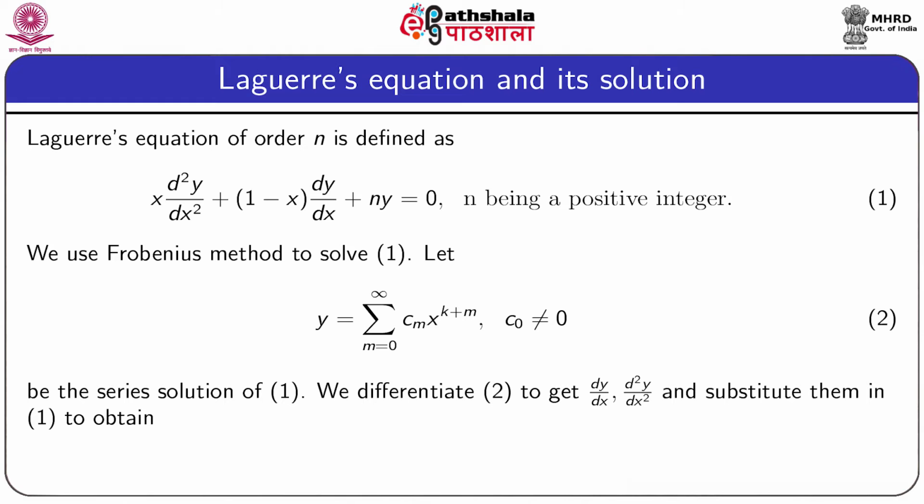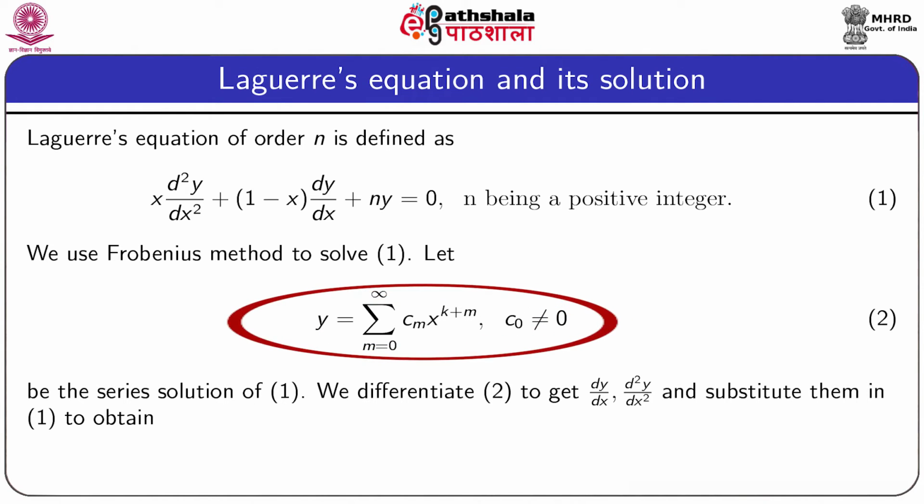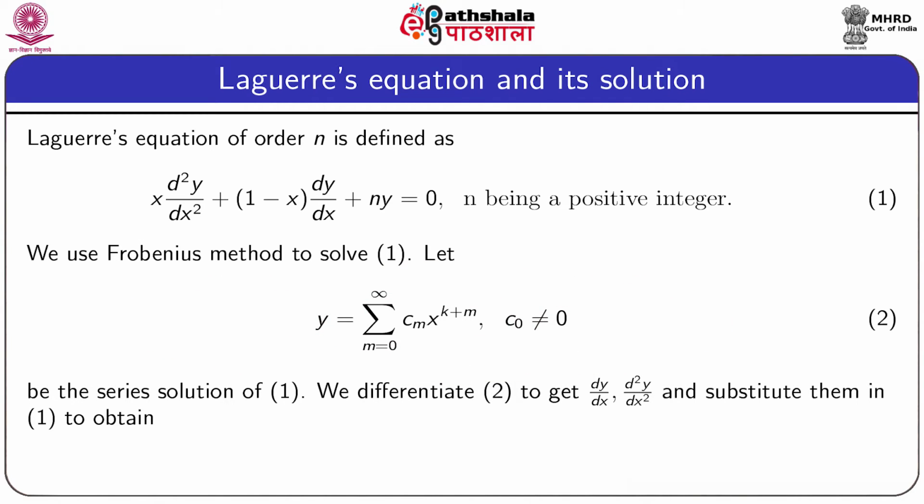So, we consider the solution of the form y equal to summation m equal to 0 to infinity C m x to the power k plus m, where C 0 not equal to 0. We consider this as a series solution of the Laguerre equation given by 1.